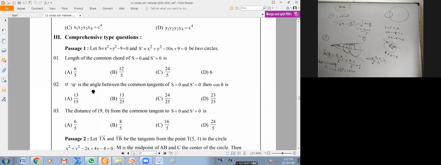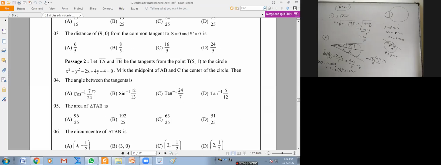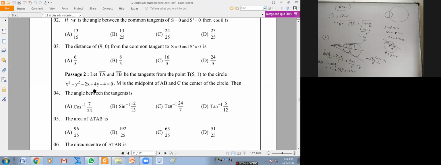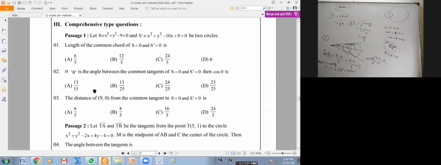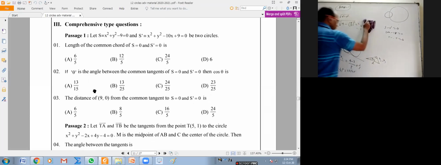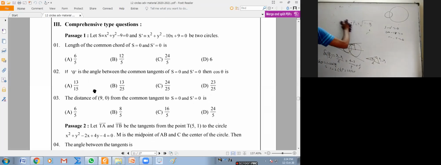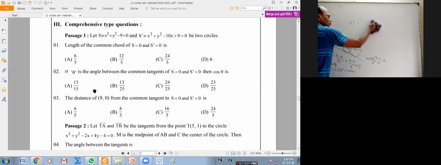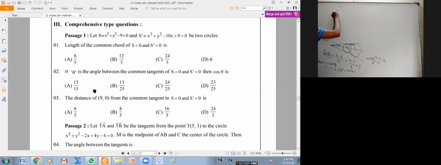Now the third one: the distance of (9, 0) from the common tangent of S = 0 and S' = 0. So basically, third question.